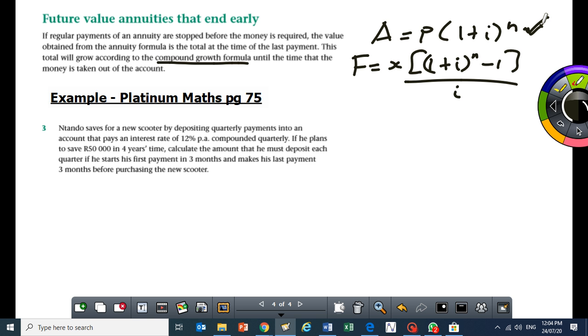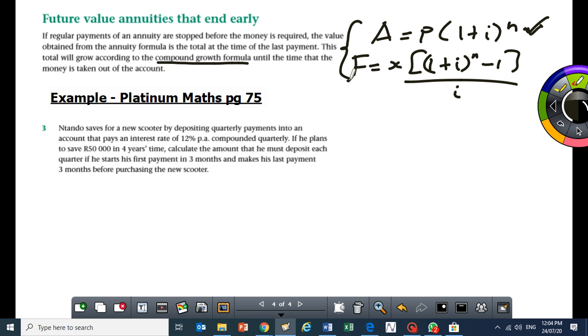So these two have some kind of relationship, and you can make a mistake of using the first one when you are supposed to be using the second one. So you need to be very, very careful in terms of the question that you have at hand.